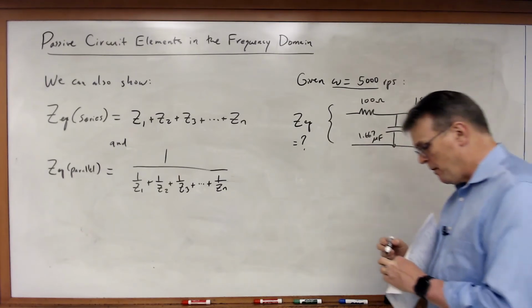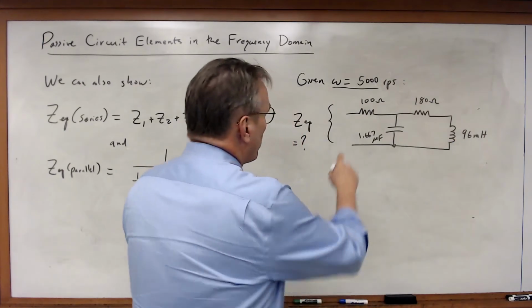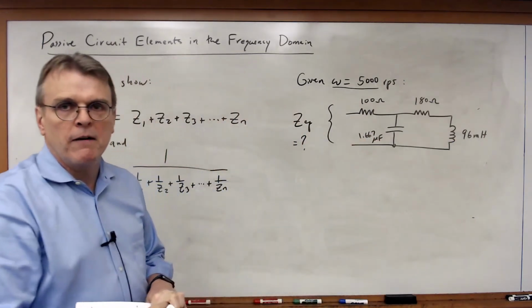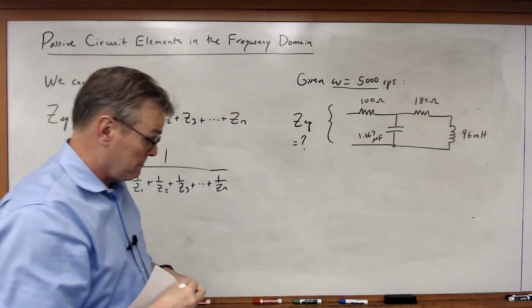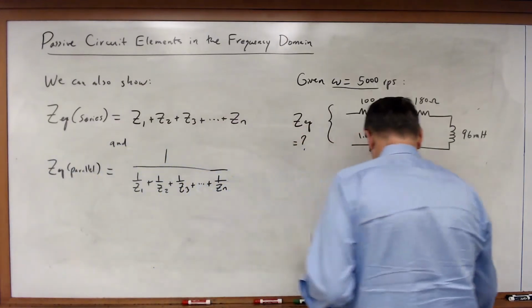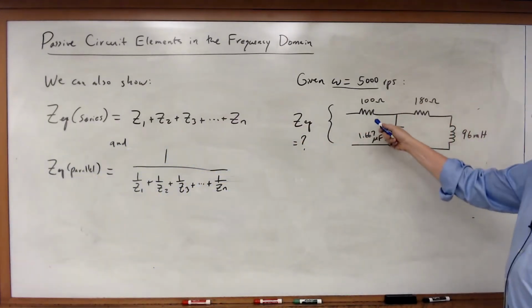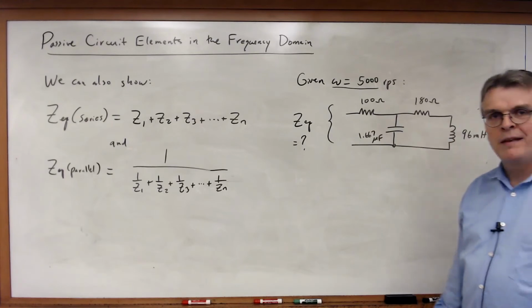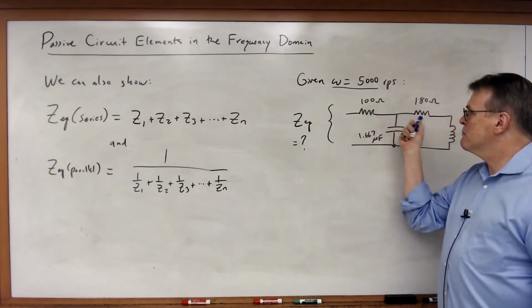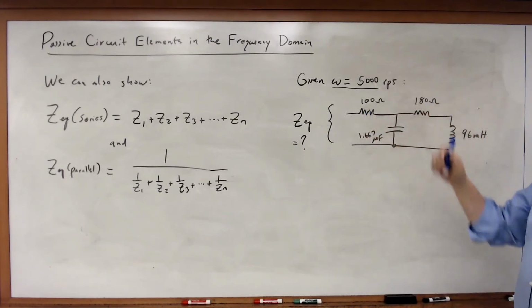Okay? So let's transform this network of elements into the frequency domain. What happens to the resistors? Nothing. In the frequency domain, resistors remain resistors. 100 ohms, 180 ohms.